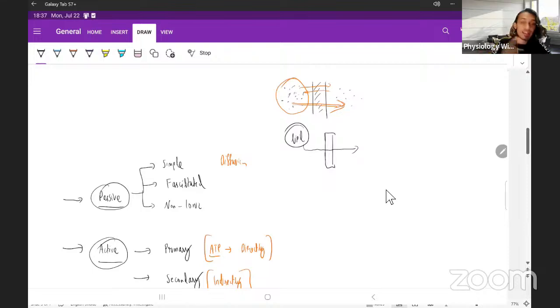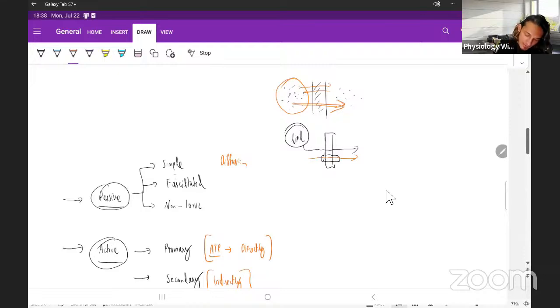On the other hand, for a water-soluble substance to go across a membrane, you'll require a protein, usually an ion channel. That ion channel is opened up, and again it goes down the concentration gradient. So this is an example of simple diffusion.